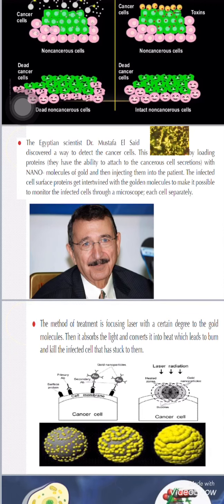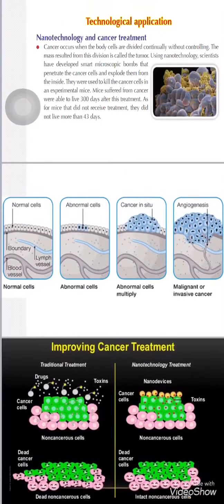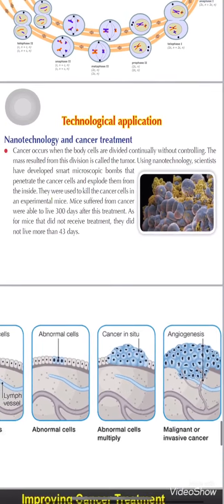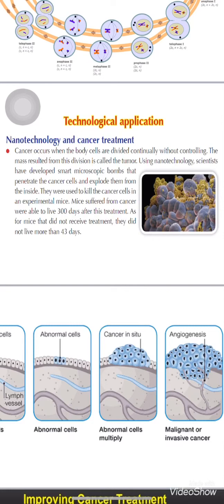Another way of treating cancer: some scientists developed microscopic bombs, smart microscopic bombs. What do these bombs do? These bombs penetrate the cancer cells and explode them from inside. This technique was experimented on some mice. These mice, of course, have cancer.